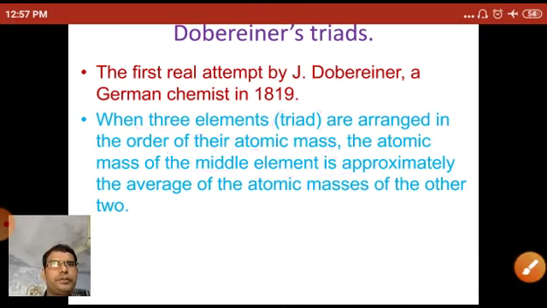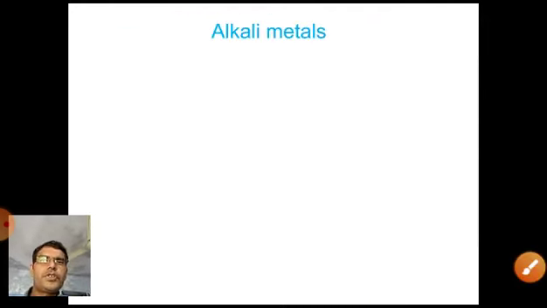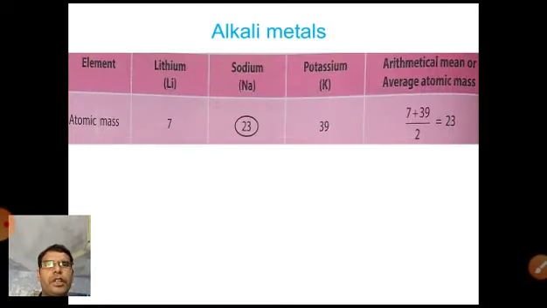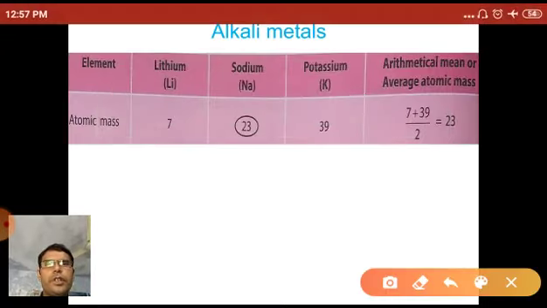As an example, in the case of the alkali metals lithium, sodium and potassium, these three elements are arranged according to their atomic masses. Lithium is the first, sodium is the second, and potassium is the third element.